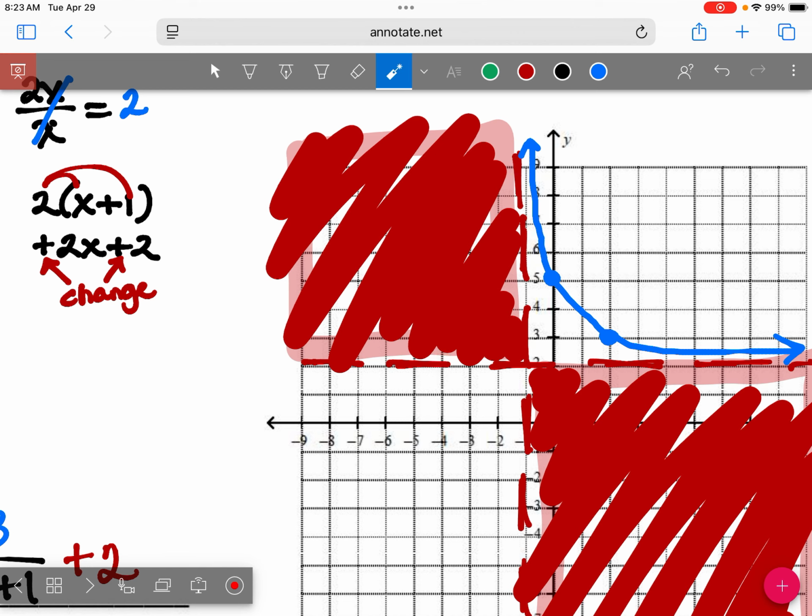So you land right there. Go back to the cross. Go down. 1, 2, 3, take one step in. 1, 2, 3, one step in. And that is your graph.